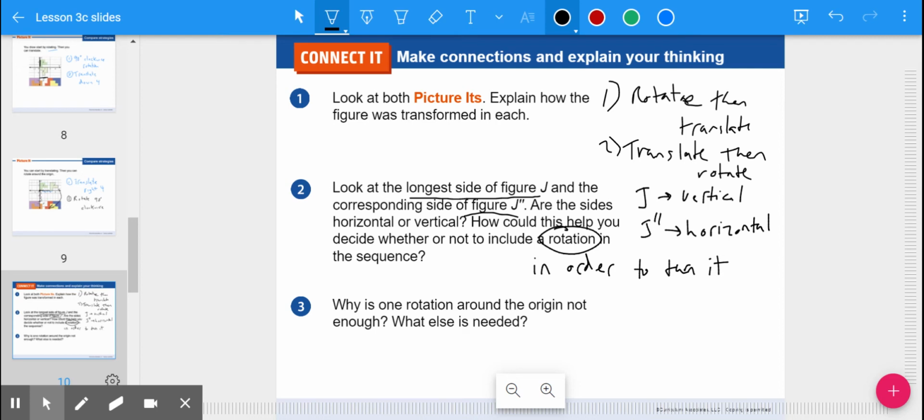Number 3, why is one rotation around the origin not enough? What else is needed? Well, if we just did a rotation around the origin, it would not be the same distance away from the origin, or not be far enough away in the end.